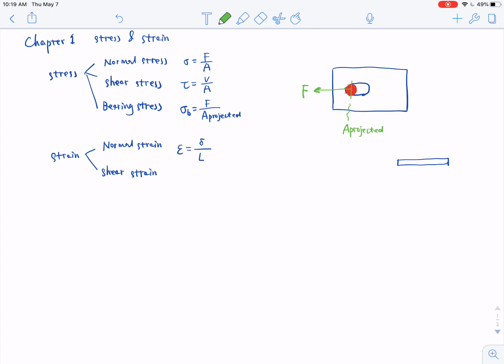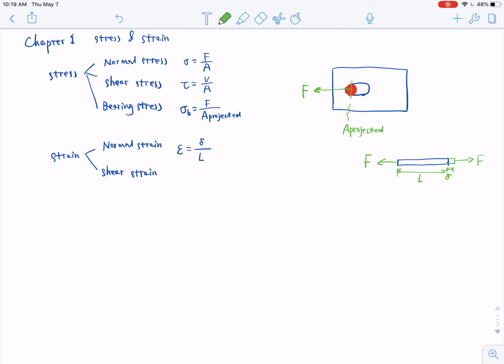So when you load it, it becomes longer. Right, so this is delta, and here is L. When you add F to it, this delta over L is the normal strain.